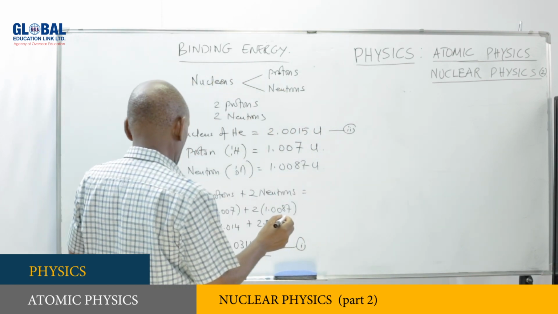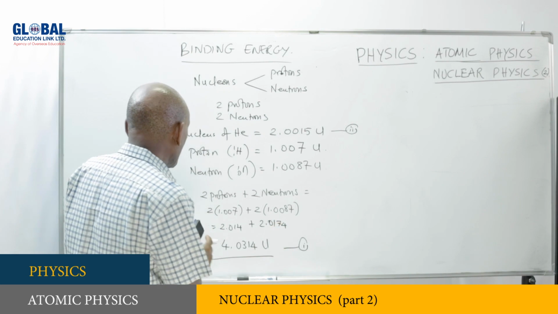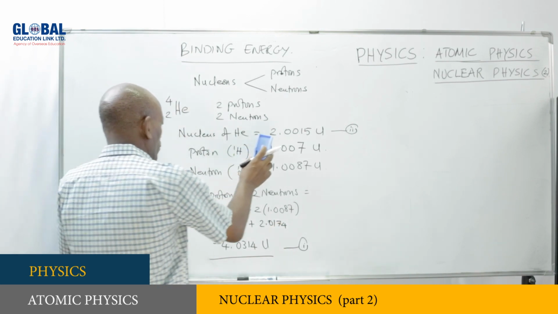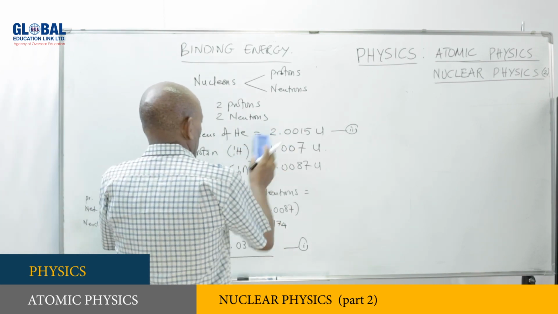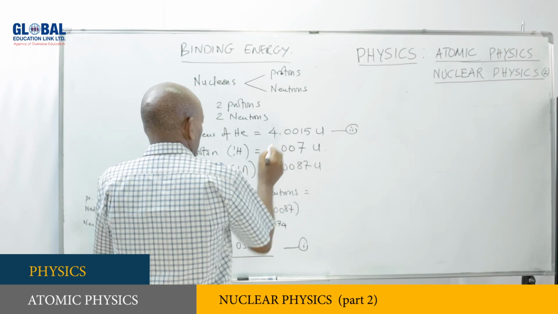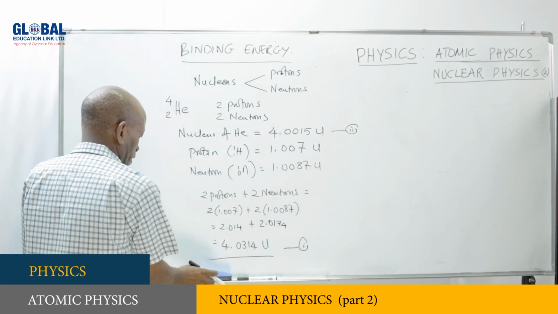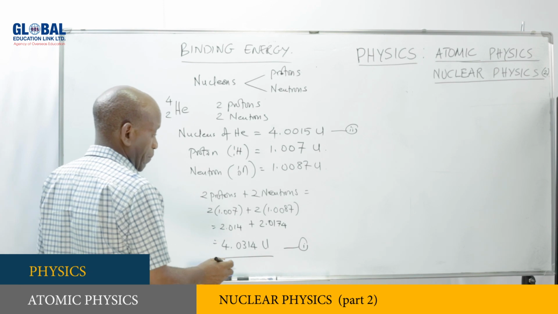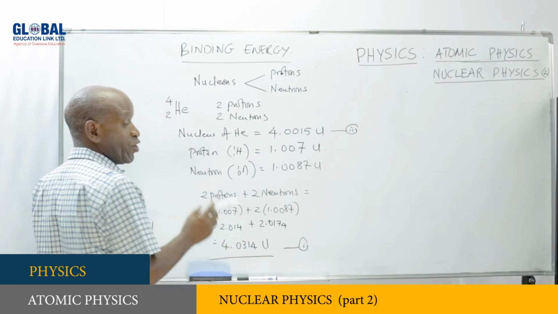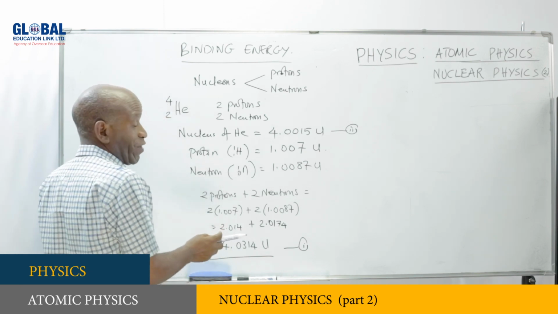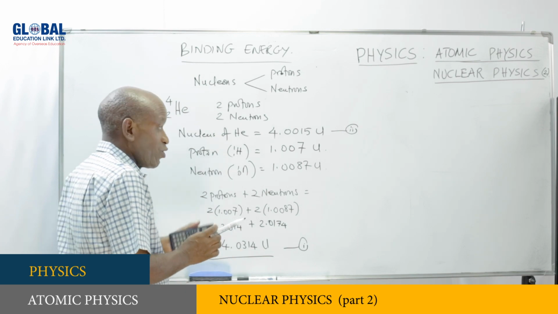Here the nucleus of the helium is not 2.0015, it is 4.0015. So we really need to compare whenever the nucleons are completely separated and whenever they exist together as a nucleus.